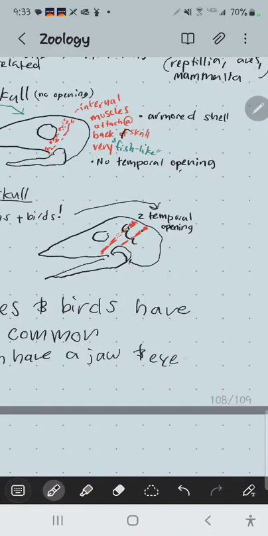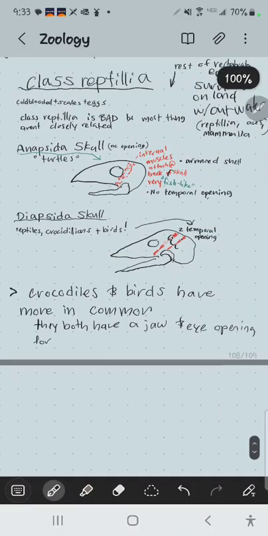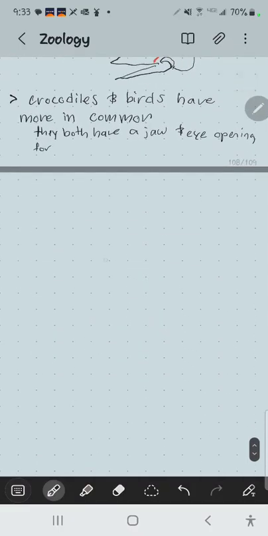We would do the turtles, and I'm not going to ask you these names, but this would be called the testudinian. And test means shell. We've heard that before. This would be the lizards and snakes, and that would be called the Saurischia.